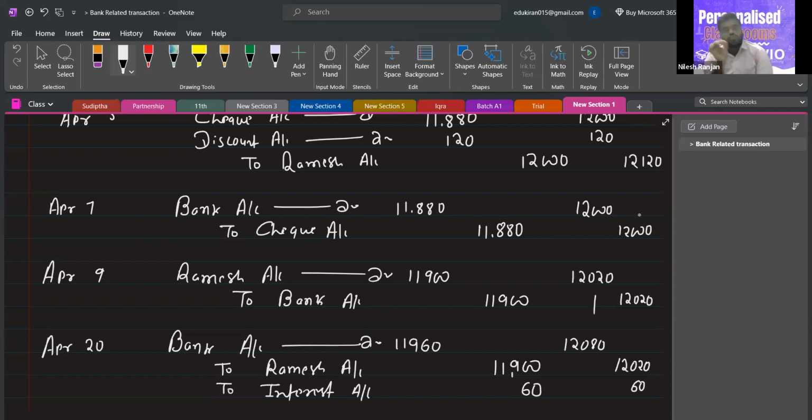So we sold 12,000 of goods only, and we have given 120 discount also. So the check will be received for only 11,880, not the full amount. 12,000 will not be received as a check. So the first part was correct, and the second we are doing is incorrect here.